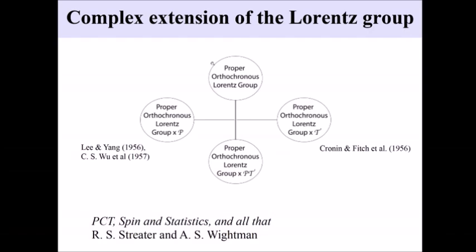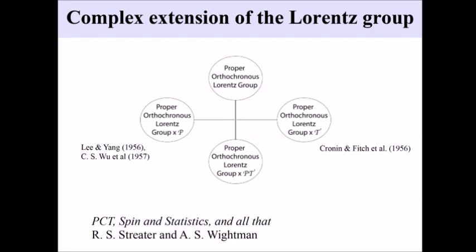Experiments performed in this world and in this world are identical. They give identical results, okay? And this is a consequence of complex variable theory because you have to extend the real Lorentz group to the complex Lorentz group. So this is a very, very powerful theorem and it's very suggestive.